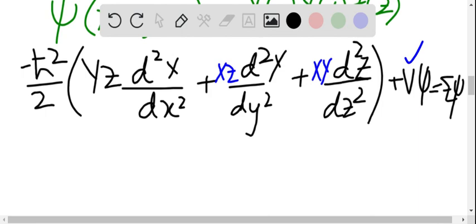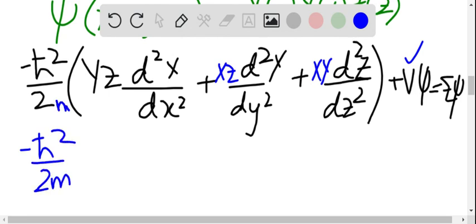So our equation would become something like this. Fine. So negative h-bar square divided by 2m, right? Sorry, I forgot to write m over here.